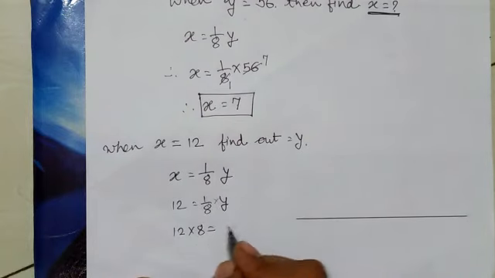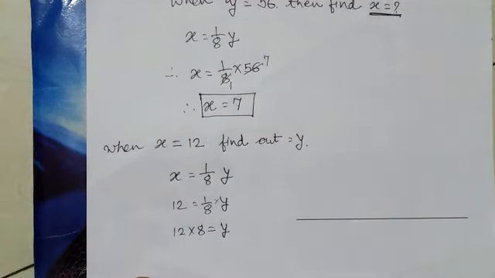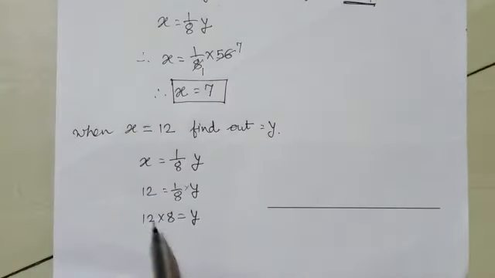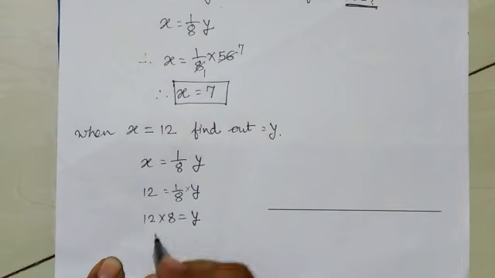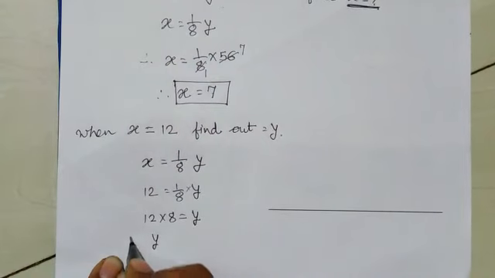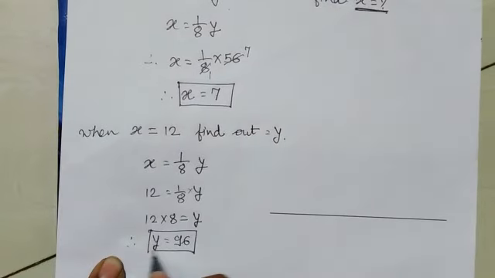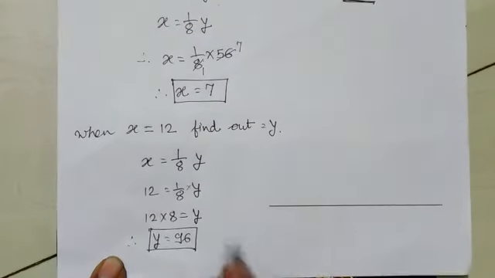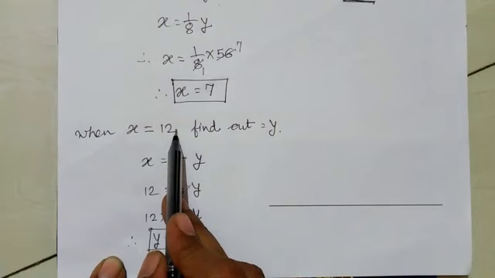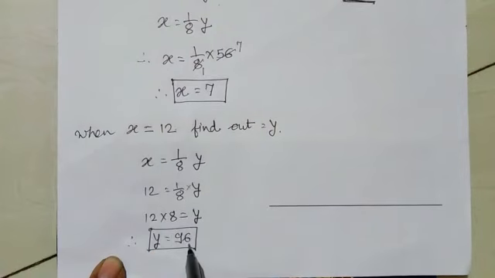So 1 into y, it means y only. 12 eights are 96. It means y is equal to 96. This is the answer, so we have to put it into the box. It means that the cost of 12 apples is 96 rupees.